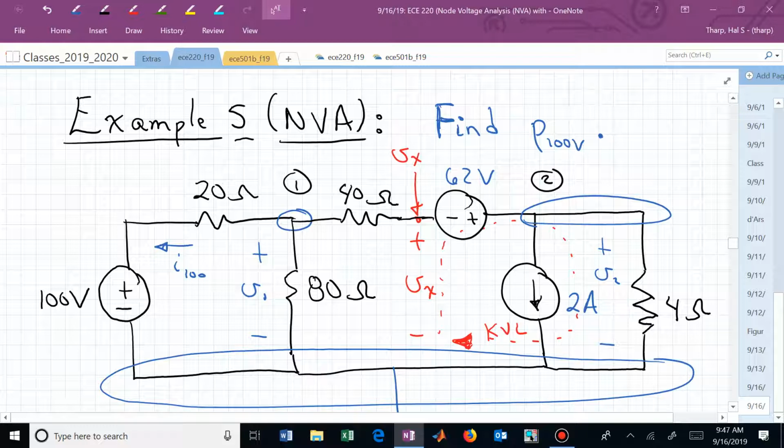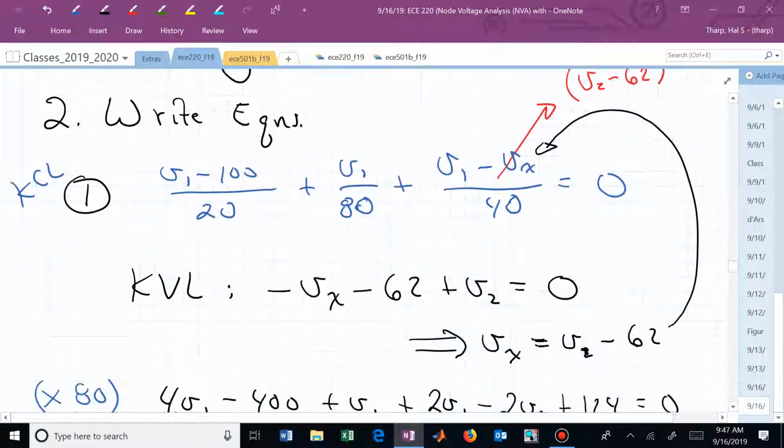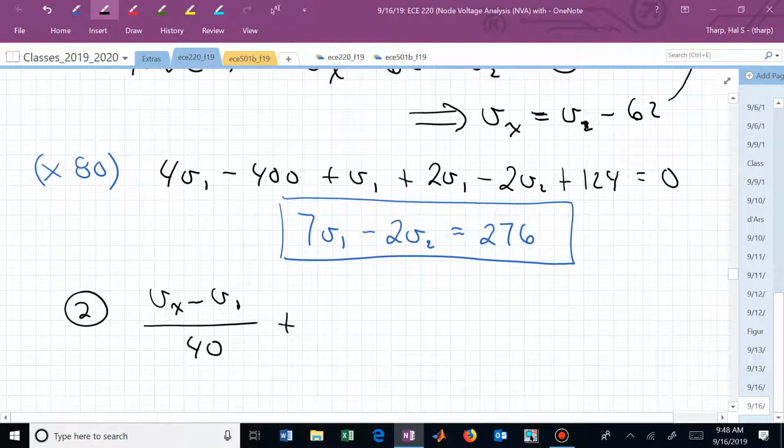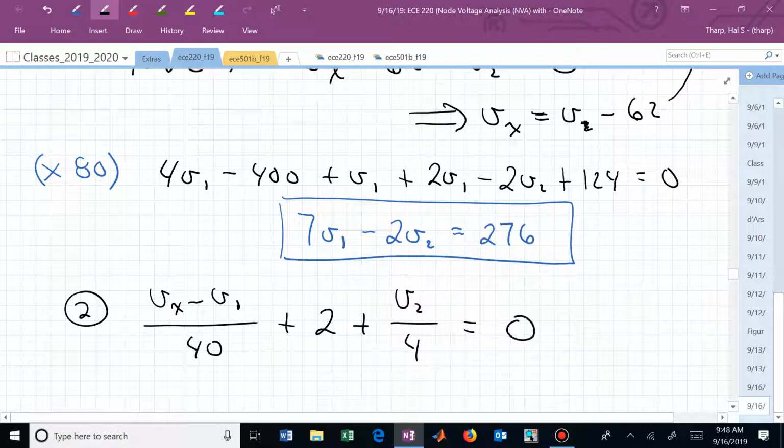And we already know an expression for V sub x. Then we have 2 amps coming down and V sub 2 divided by 4. KCL at 2 now says V sub x minus V sub 1 over, what was that resistor? 40 plus 2 plus V sub 2 over 4 equaling 0.